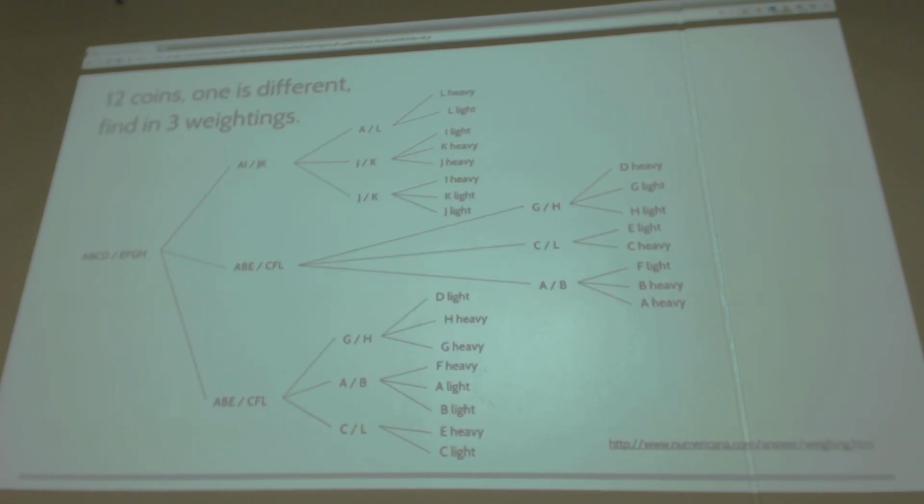There is a famous interview question type of problem where we're trying to find a fake coin in a set of 12 coins using only 3 weighings. You don't need to weigh coins 12 times. You can only weigh them 3 times.